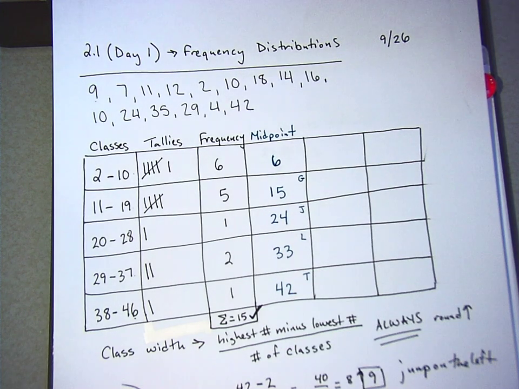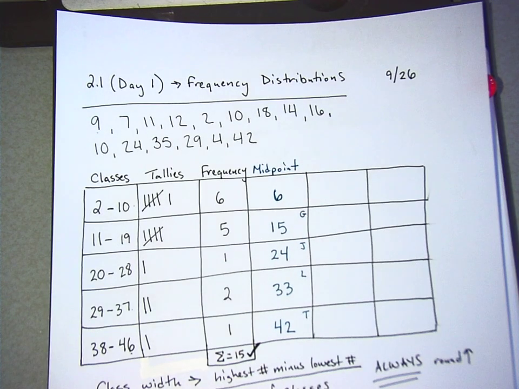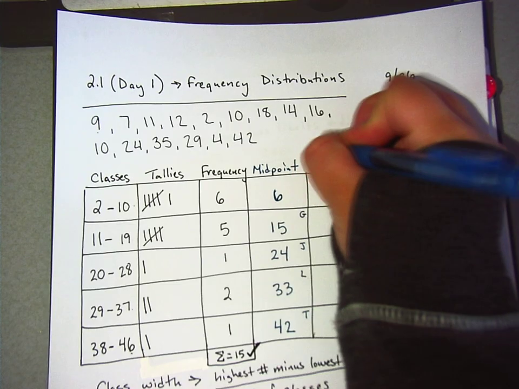Anybody notice an interesting pattern about this? It's going up by nines. What else is 9? The class width. Remember we were jumping by 9s to begin with? These are also going to jump by 9s. Okay. All right, next is called relative frequency.